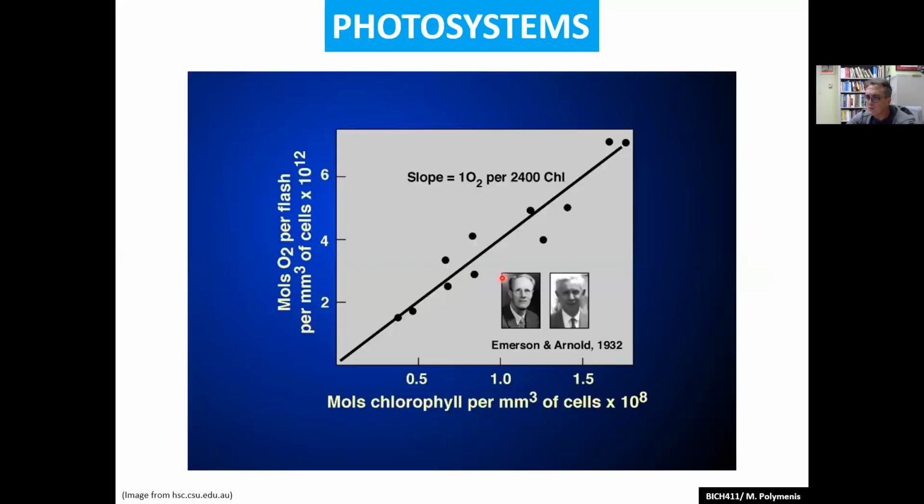They just plotted the amount of oxygen you get from every molecule of chlorophyll that you have in plants. Because, of course, chlorophyll, I just mentioned to you, is the key cofactor, the key compound that participates in photosynthesis. That's where photochemistry is taking place. But they found that only one molecule of oxygen is produced from 2,400 chlorophyll molecules on average.